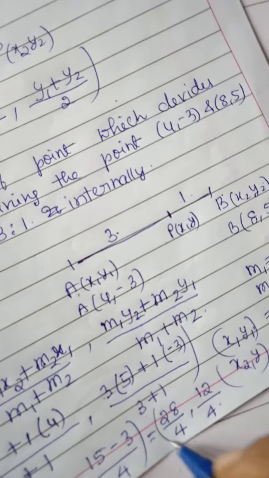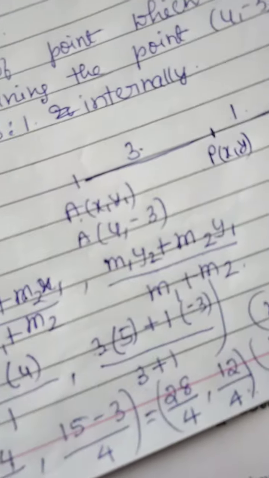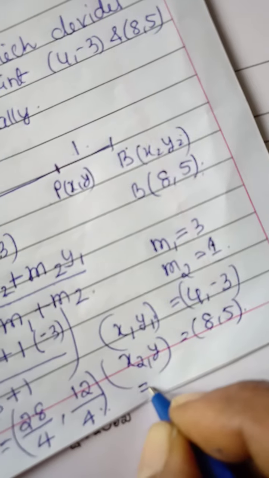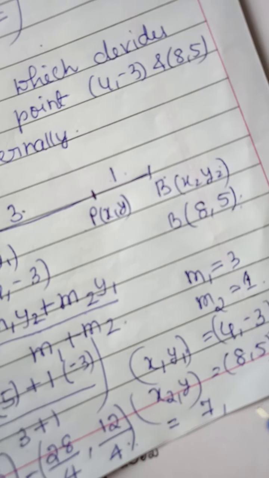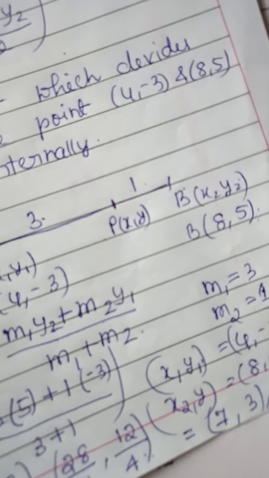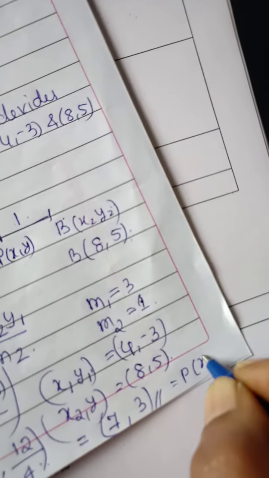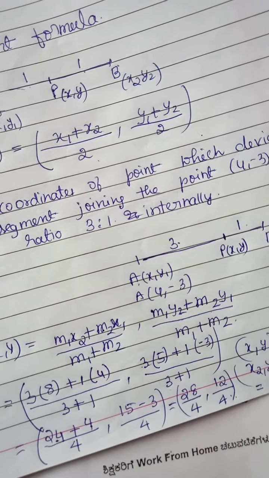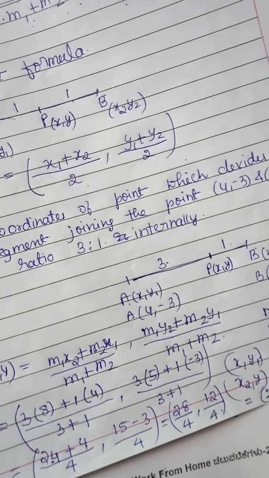So 28 by 4 is equal to 7, and 12 by 4 is equal to 3, since 4 threes are 12. So the coordinates of P(x, y) are (7, 3). This is by using the section formula. We can find the coordinates of the point P.